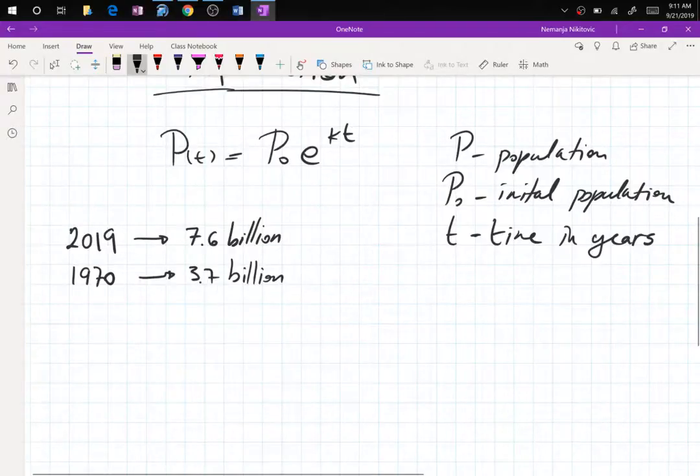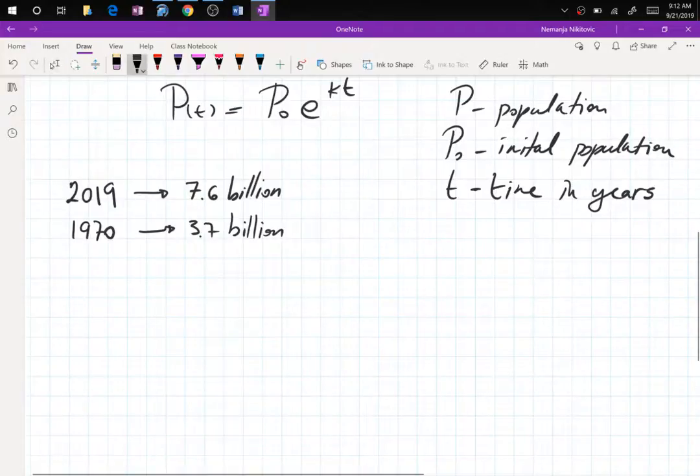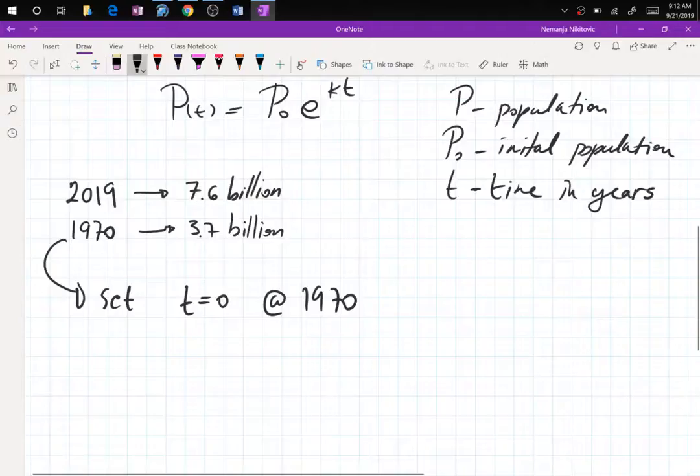All right, so the first order of business is to set this one as t equals 0 at 1970. So t equals 0 will immediately mean that your initial population is 3.7. So that's our initial population.